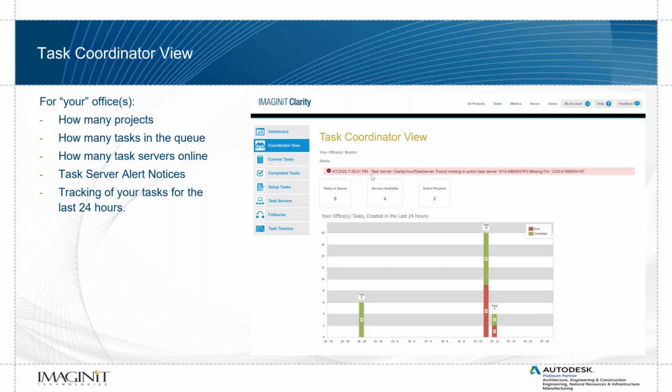So you now get a view of your office's tasks, what's been happening in the past 24 hours, and any of the task servers and any alerts that are going on right now with the task servers.